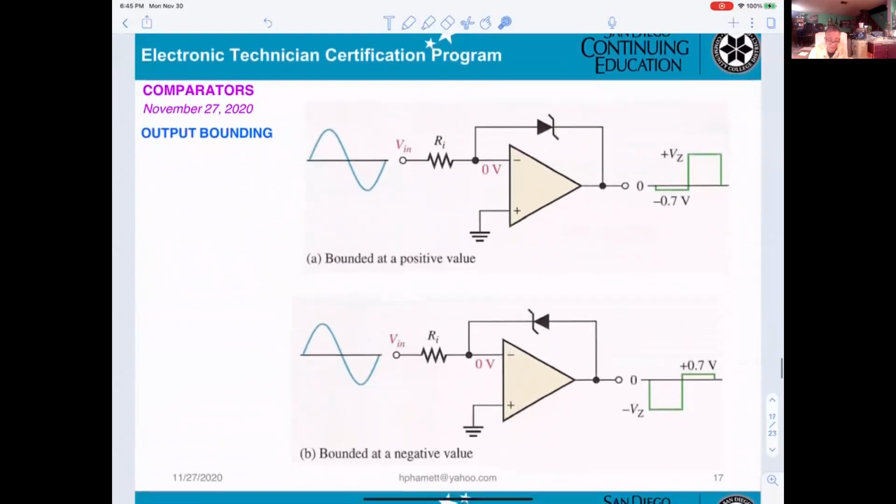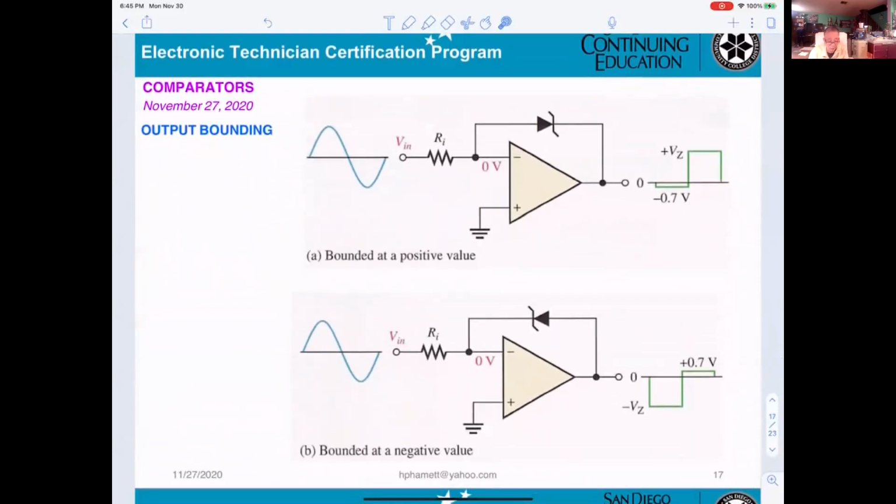Okay, now output bounding. When you apply a sine wave to the op-amp, you connect a Zener from the negative input to the output. Try to understand: if the input is positive, what happened?